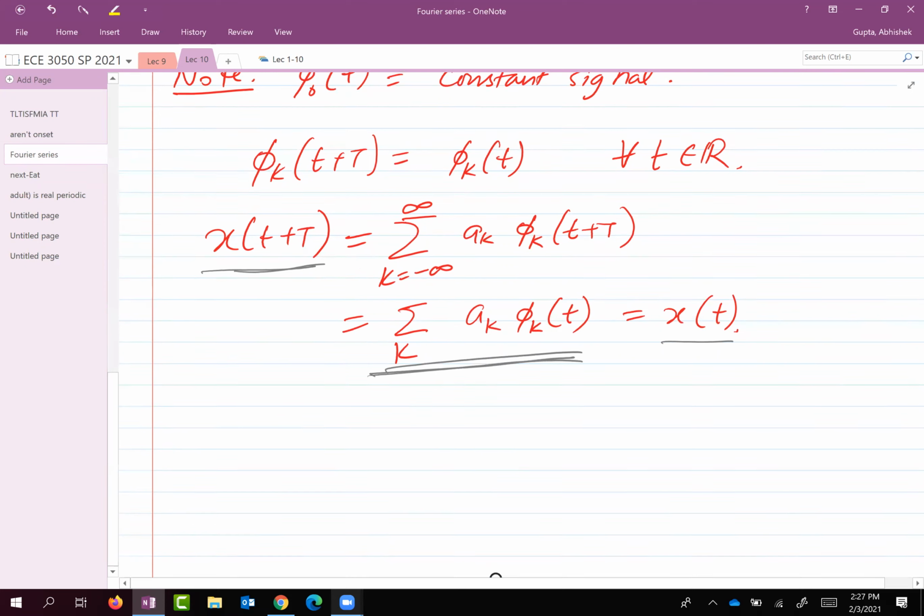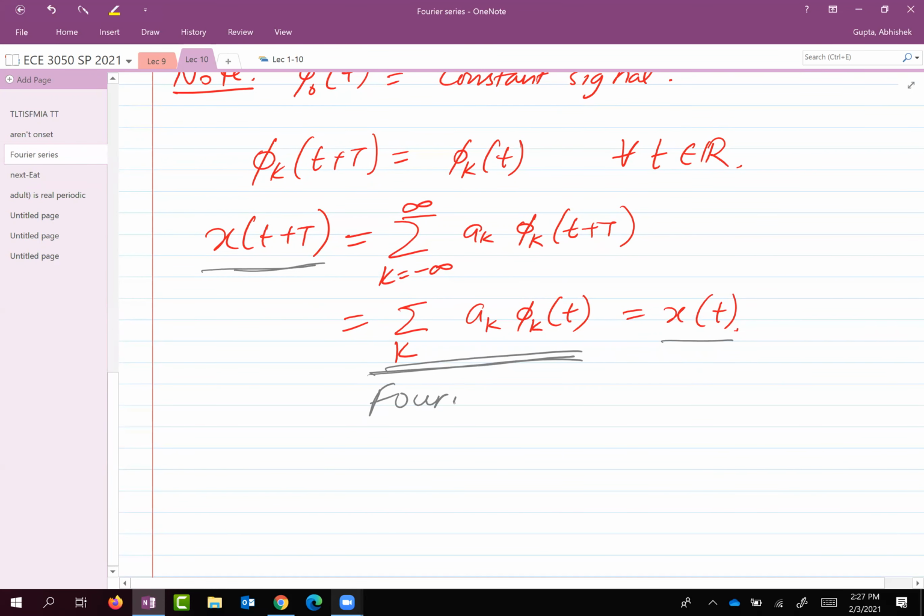This series is known as the Fourier series. So the summation of a_k phi_k of t is the Fourier series representation of x of t.